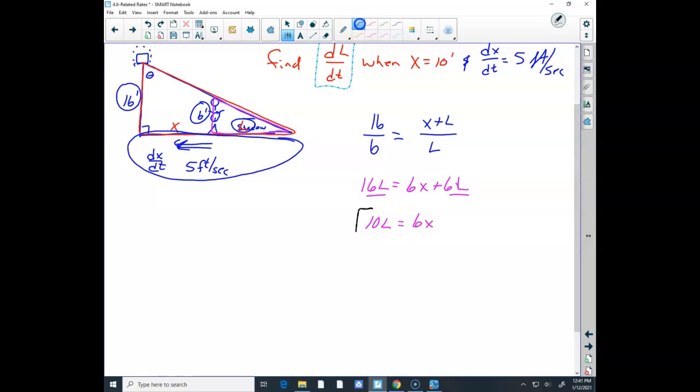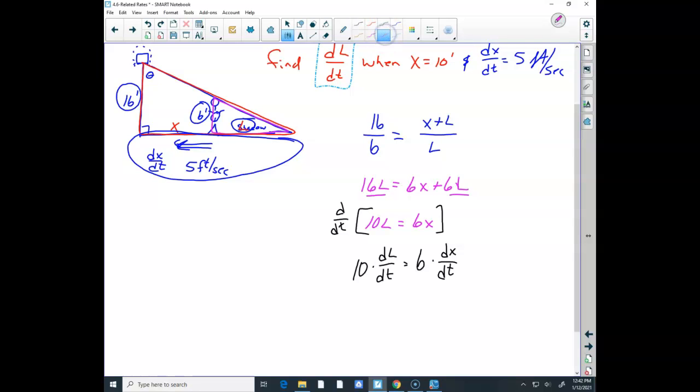So I'm going to take the derivative of the cross products of my proportion, and I'm going to say the derivative of 10L, well, that's 10 times dL/dt. That's going to equal the derivative of 6x, that's 6 times dx/dt.